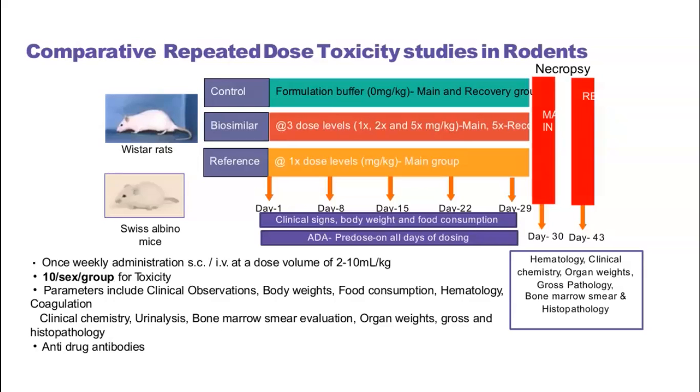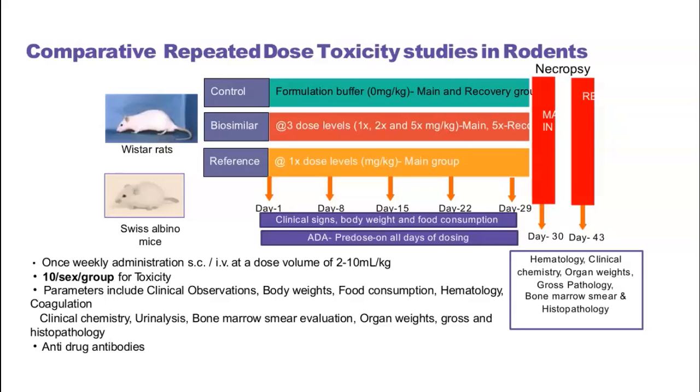Suppose you take Wistar rats. The human equivalent dose will be 6 times, because the metabolic rate is 6 times more compared to the human. So we can take 6 mg per kg body weight as the 1x human equivalent dose, 12 mg will become the 2x human equivalent dose, and 30 mg per kg body weight will be the 5x human equivalent dose.